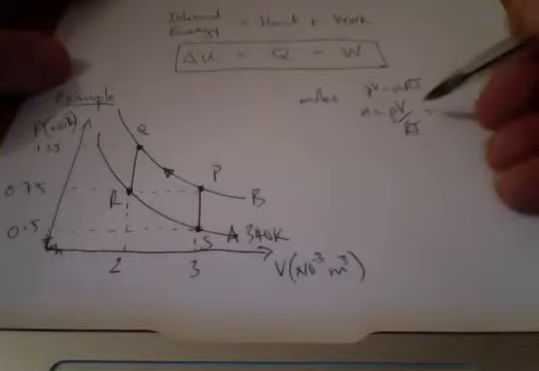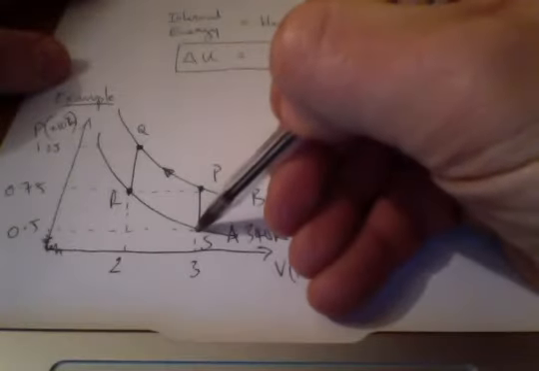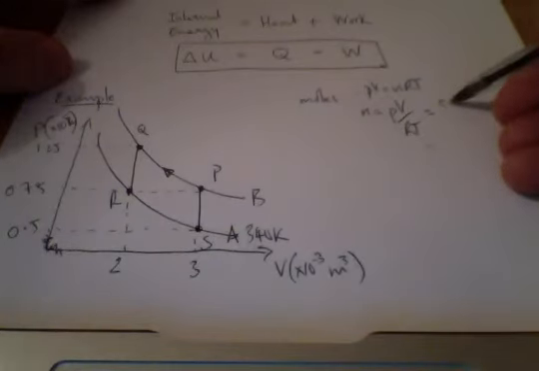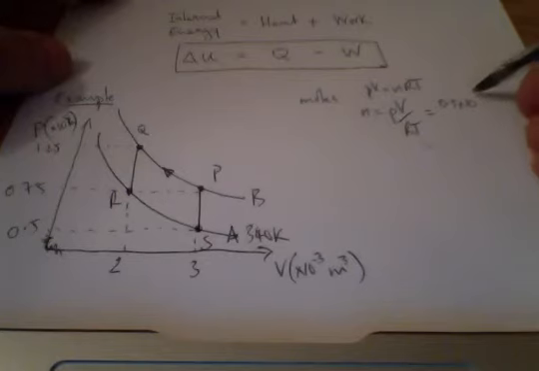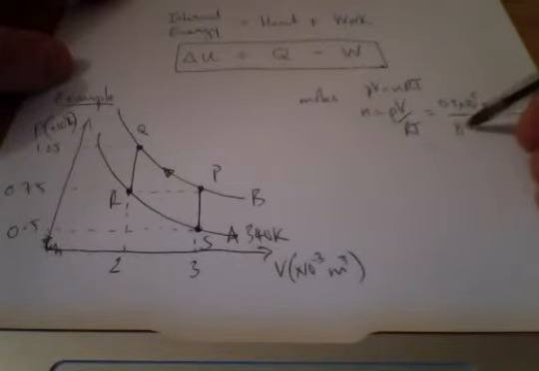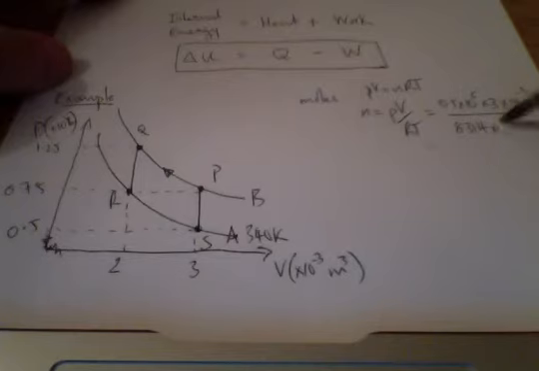So let's say we take our point. Let's take this point here at S. Let's take 0.5 times 10 to the 5, the pressure, and the volume is going to be 3 times 10 to the minus 3, divided by the ideal gas constant and the 340 Kelvin.